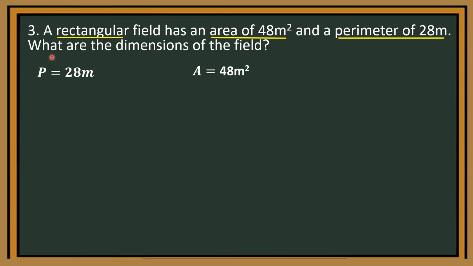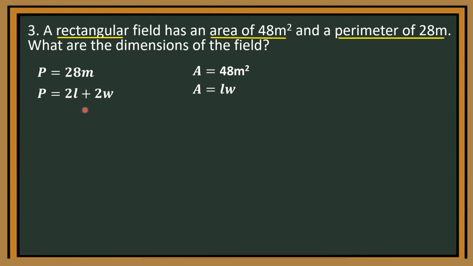Tandaan, ang pinag-uusapan natin dito, rectangular field. So, kukunin natin ang perimeter ng rectangle, that is P is equal to 2 times length plus 2 times width. And the area of the rectangle, which is length times width.